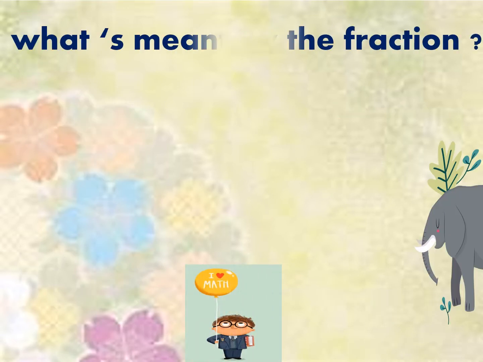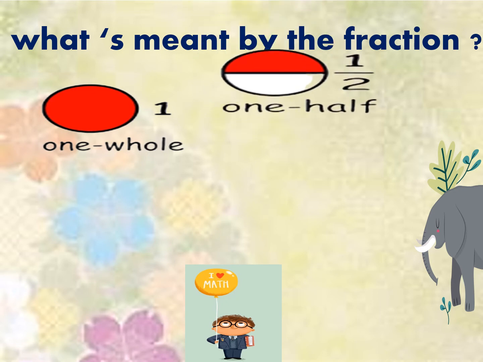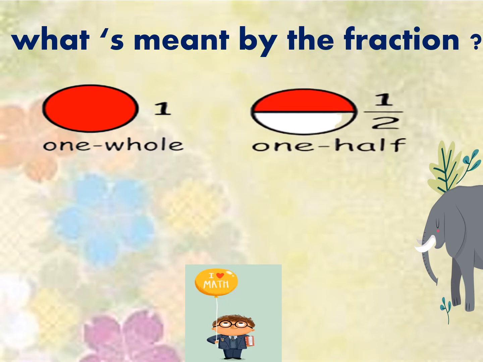What is meant by the fraction? Let's make a small revision. The first type of the fraction, 1/2. Remember that on the upper part I write the number of the colored parts, then a dash, then at the bottom I write the total of the parts.